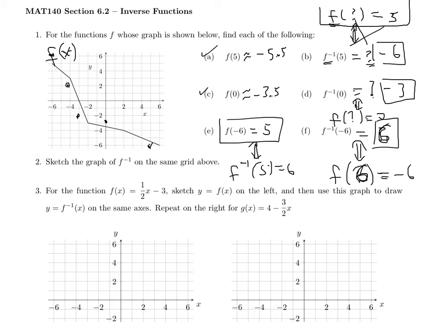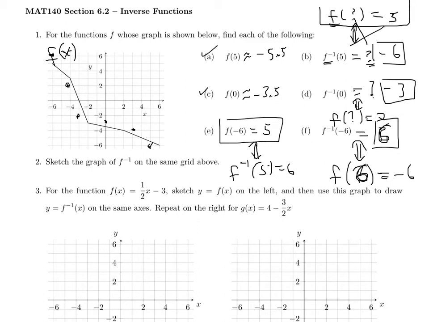What else? This is the point -4, 3, and so the inverse graph is going to have the point 3, -4. And up here is the point -6, 5, and so our inverse graph is going to have the point 5, oh I said that, 5, -6, right?